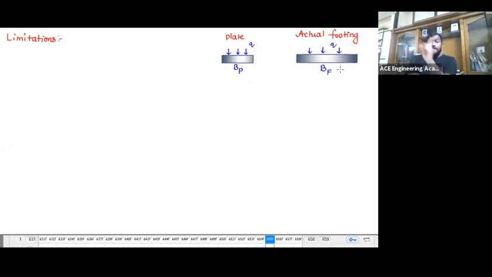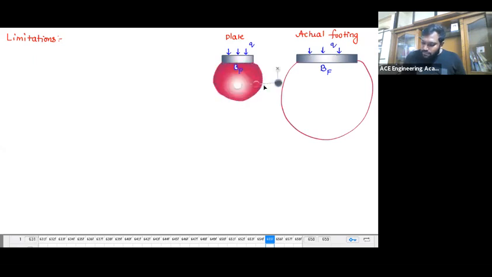I hope you remember the pressure bulb concept, Chapter number 7. I told you whatever load you apply, the significance of that load will be inside the pressure bulb. If I draw the pressure bulb for the plate, it is going to be small, but for the footing, it is going to look like this.